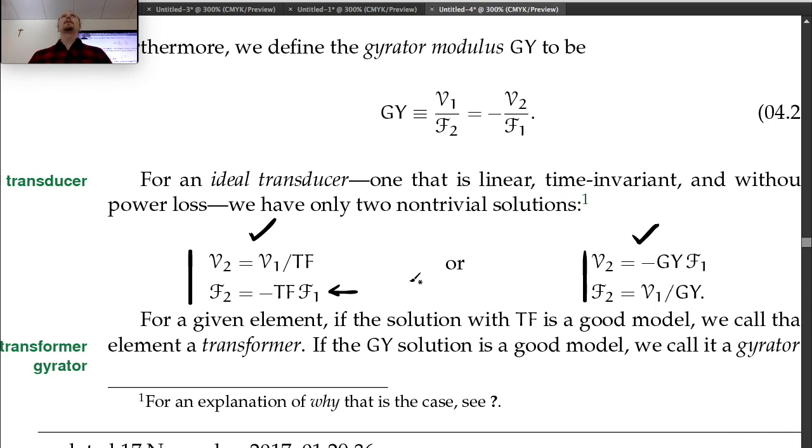For an electromechanical system that has a source on the electronic side, a motor is going to have a source on the electronic side, and it's going to have the load on the mechanical side. Usually we call the source side 1 and the load side 2.